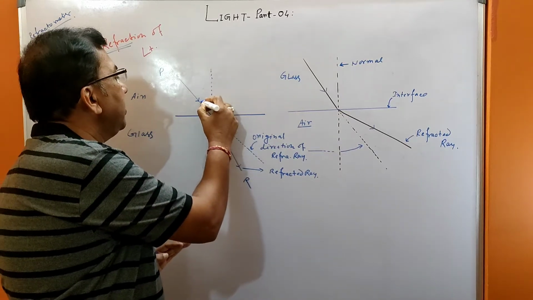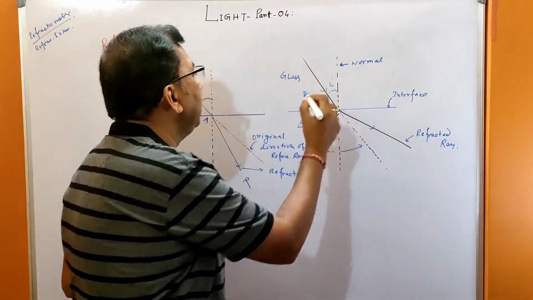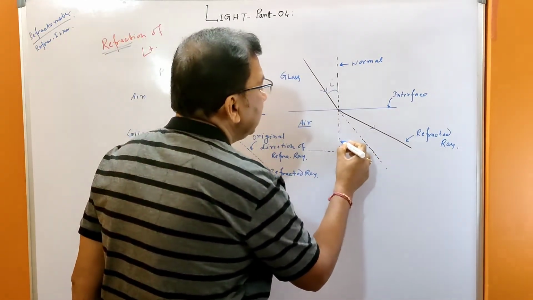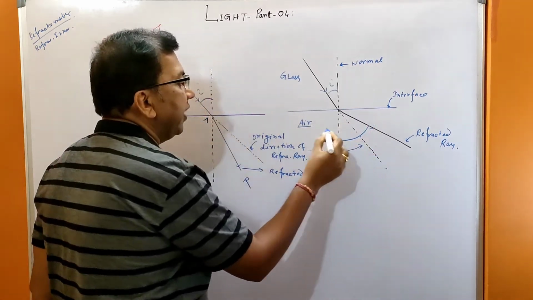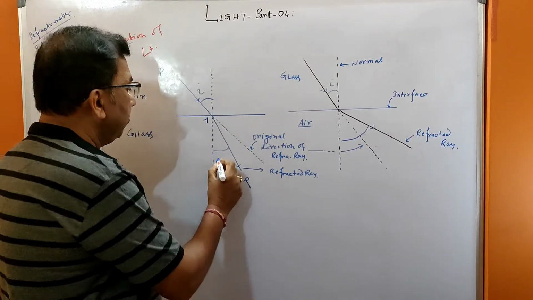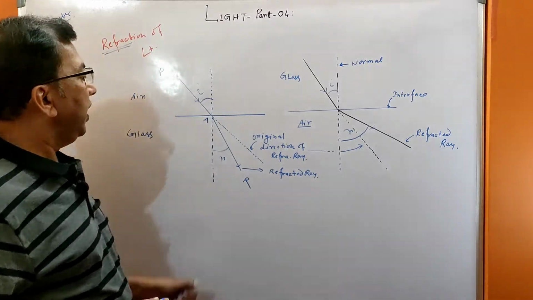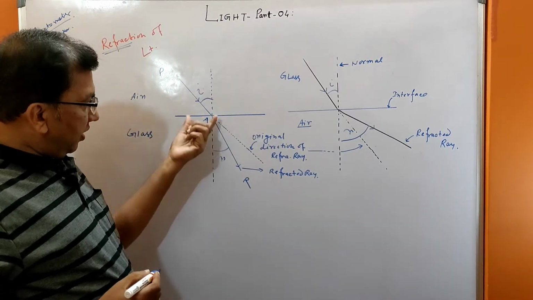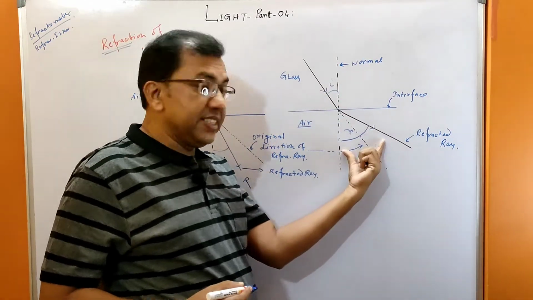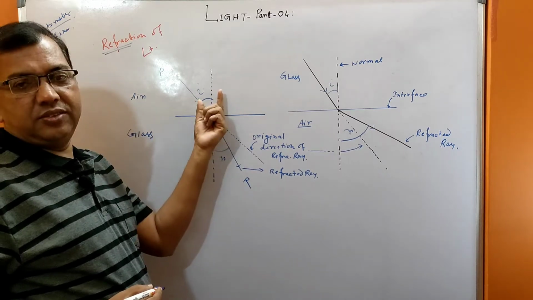This is the incident angle I. This is also I. This is the refracted angle R. This is R. In this case, I is greater than R. In this case, I is less than R. R is greater than I here; R is less than I there.